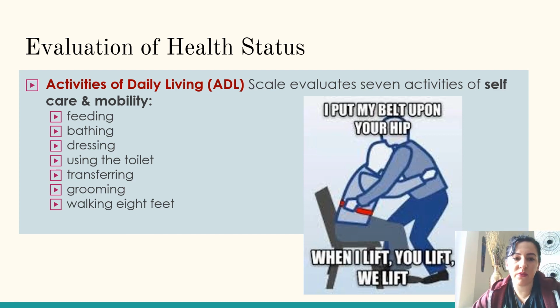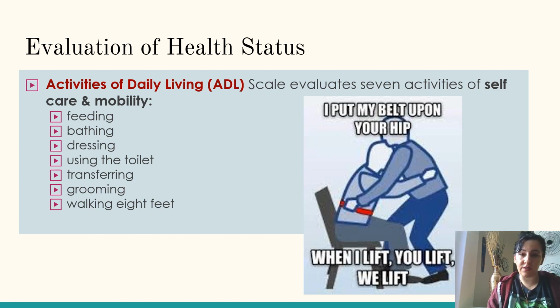The last two things we're going to go over right now are how, in long-term care, they evaluate whether a person is in need of long-term care services and what types of services they need.